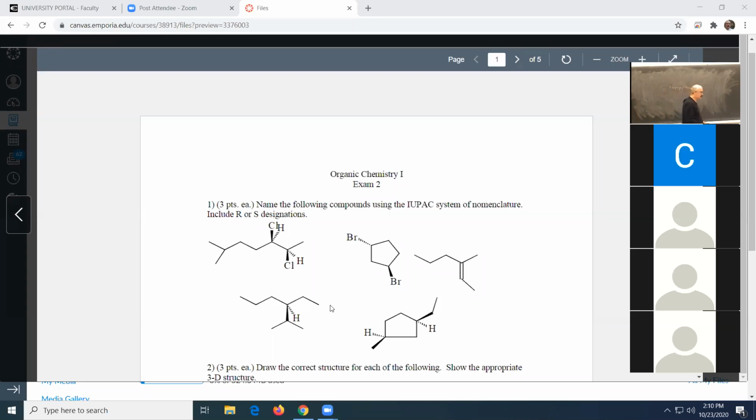And the configuration: we've got an ethyl, a propyl, an isopropyl, and a hydrogen. The isopropyl is highest priority, then the propyl, then the ethyl. So this one is also R. So this is R-3-isopropyl hexane.